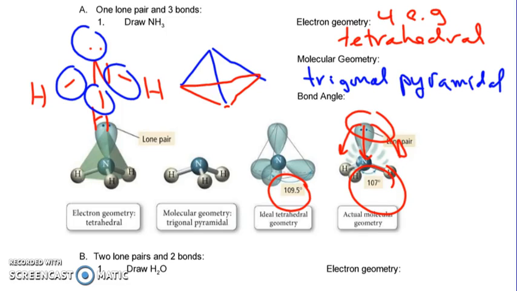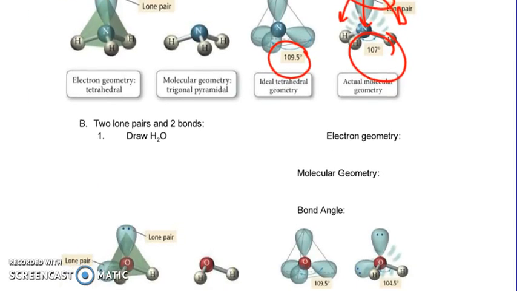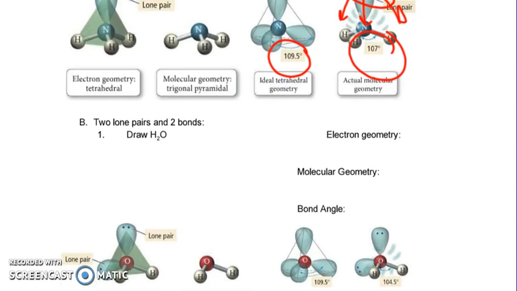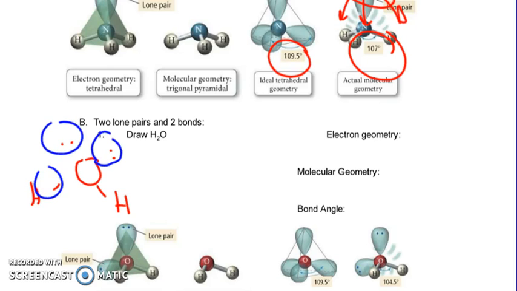Okay, so what happens with probably the most common substance on Earth? That's going to be your water. Look how I draw that. Here we have 4 electron groups: 1, 2, 3, 4. So my electron geometry with 4 electron groups is tetrahedral. I'll abbreviate like that.